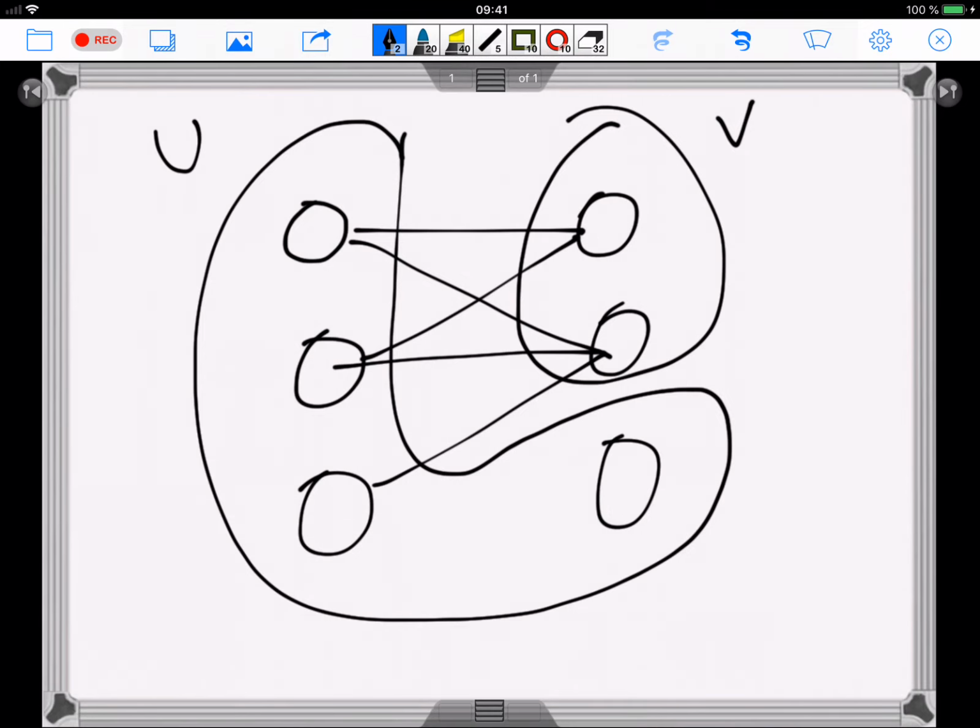In this case, as you can see, again, there are no connections among the vertices in U, there are no connections among the vertices in V.